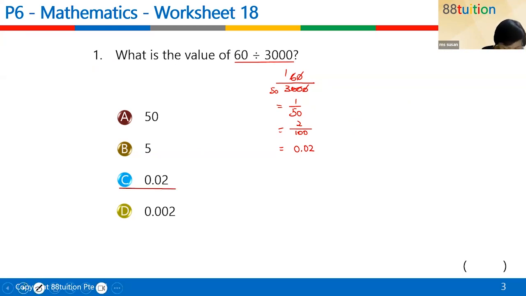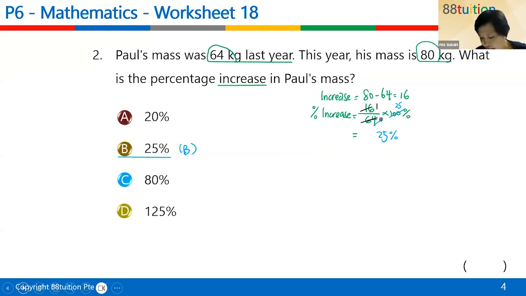Okay, next one. Let me write down this. So what we have learned so far, what was the percentage increase or percentage decrease?